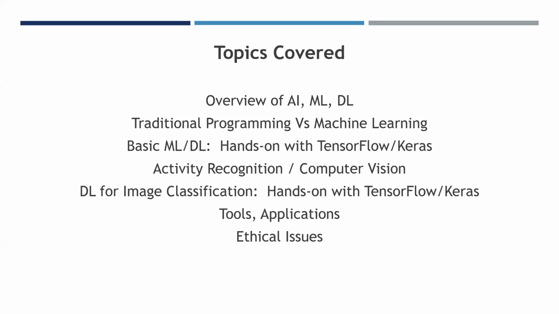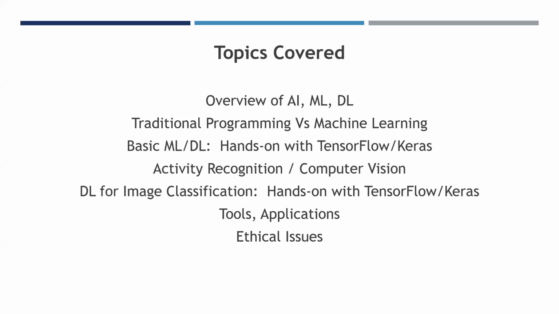Then moving on from a simple task, we'll move ahead with a computer vision task where we'll try to classify an image. So that is activity recognition. We'll see how we can recognize an activity, and then I'll tell you why traditional programming has limitations and the need for machine learning.